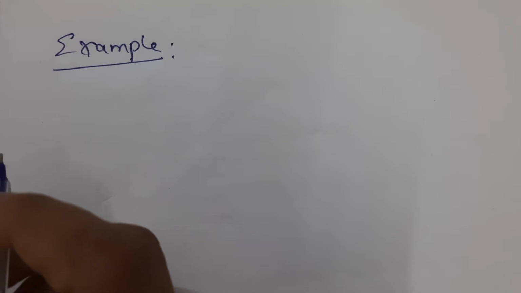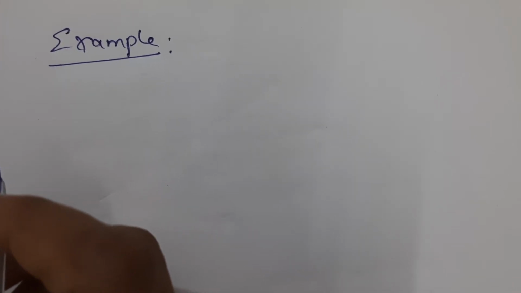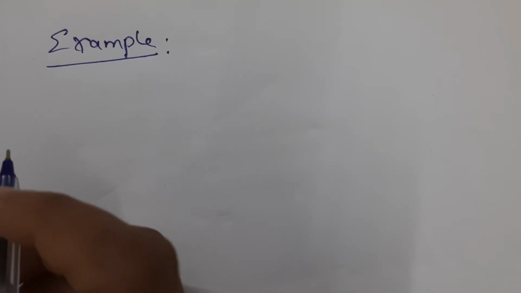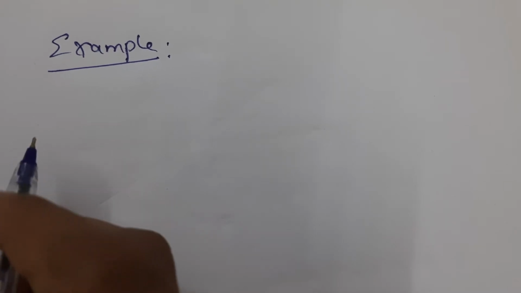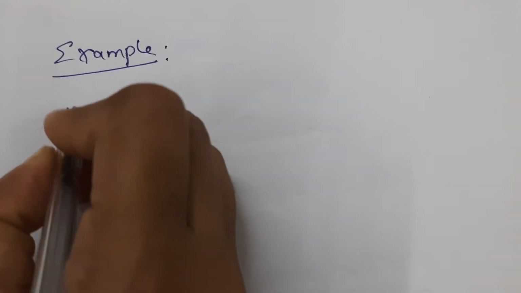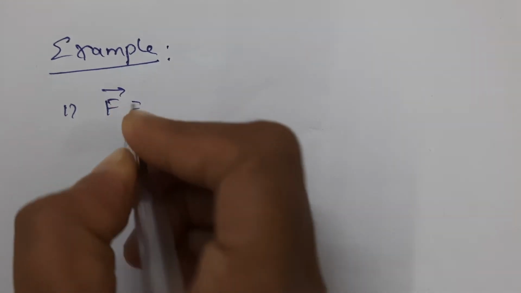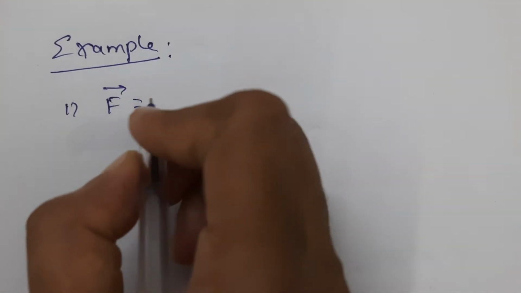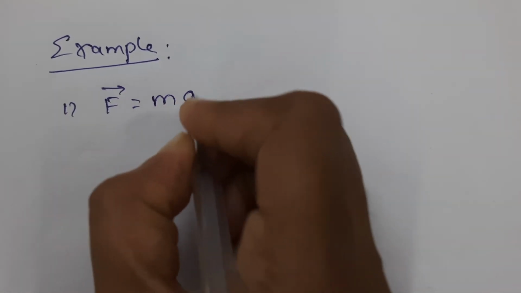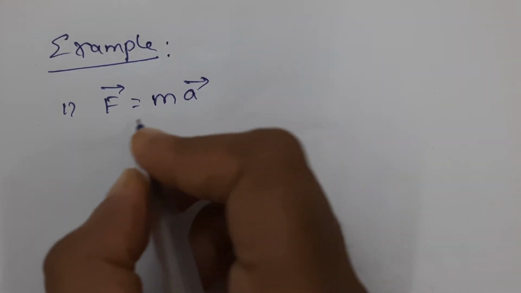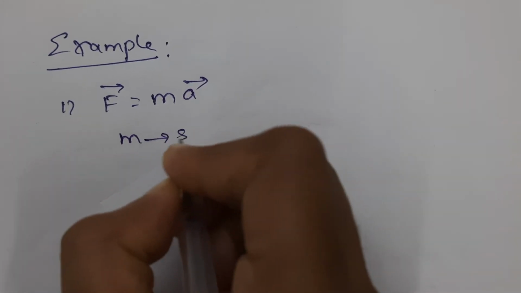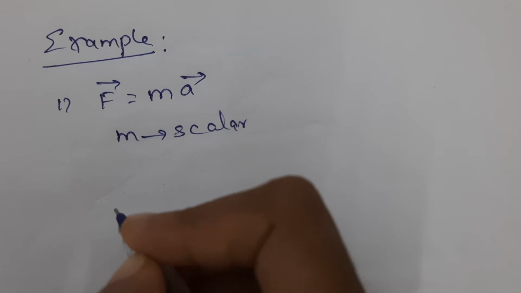In physics, certain vector quantities can be defined as a scalar times another vector quantity. For example, force. Force is a vector quantity. Force can be expressed as mass into acceleration. Here, mass is a scalar quantity.